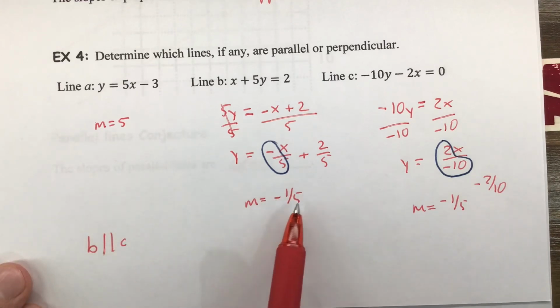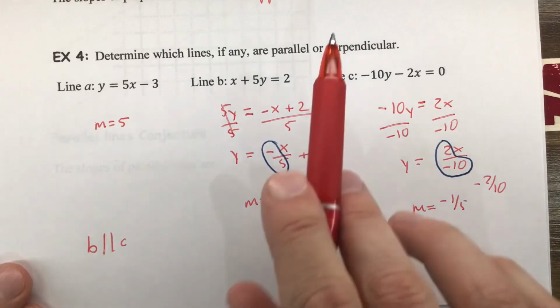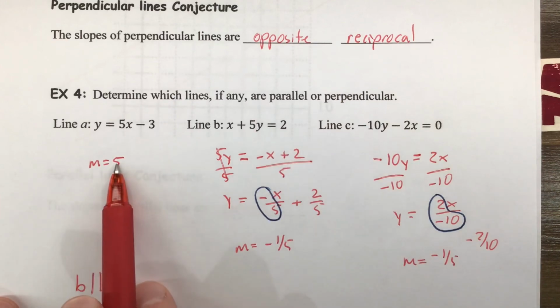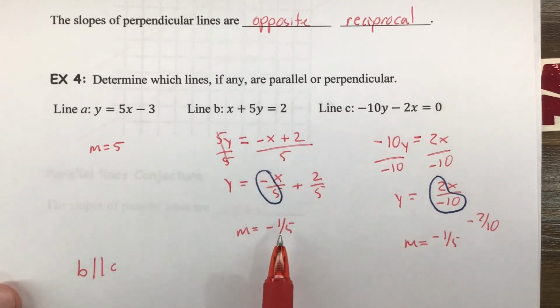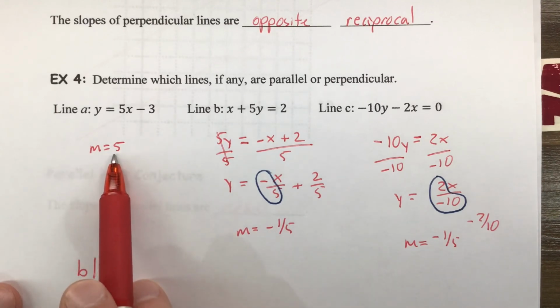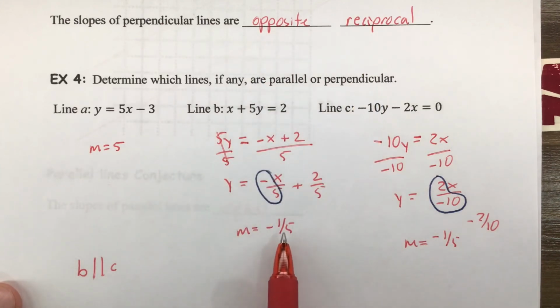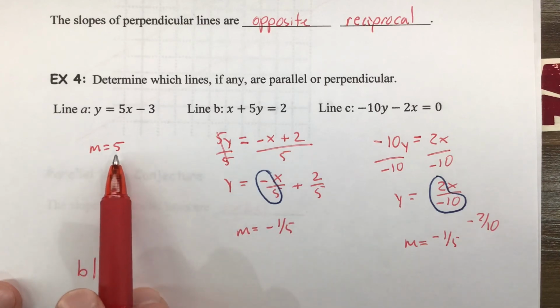If we took this guy and applied both of these changes to it, does it become 5? If I made it its opposite, that means it would need to be positive, and that's positive. So that part is true. Is it the reciprocal? Well, if you flip the 5 over 1, you get 5 over 1, which is the same thing as 5.